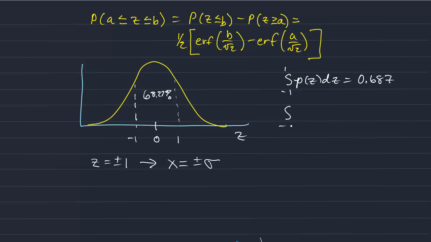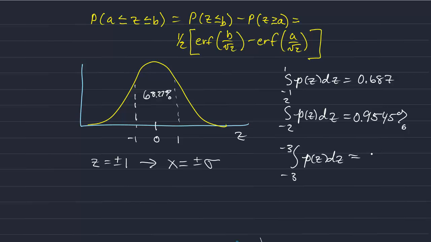And you can use that script to show that 2 standard deviations encompasses over 95% of all the possibilities, and going out to 3 standard deviations spans over 99% of all possibilities.